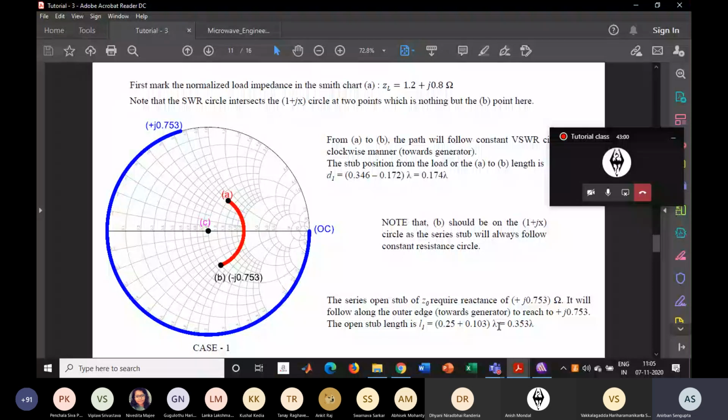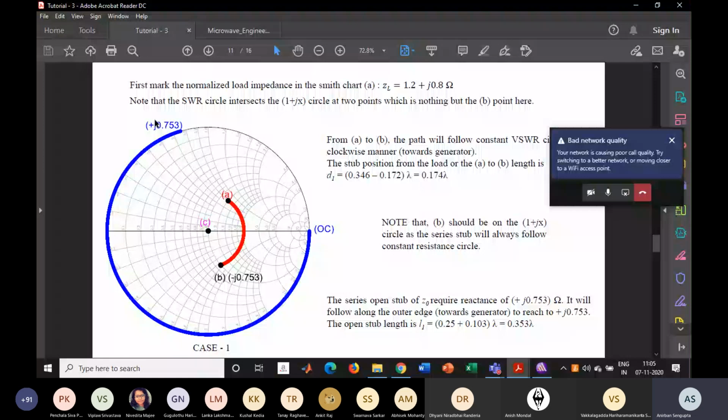You are going 0.103. So the total length will be the stub length, and the impedance is shown here. So from that you can find what should be the stub length, what distance the stub will be connected to the load, and the impedance of that stub.